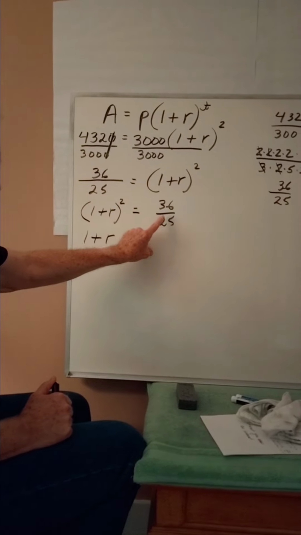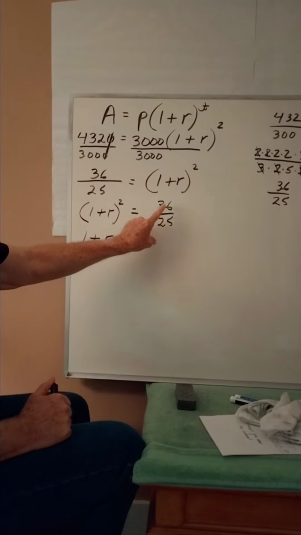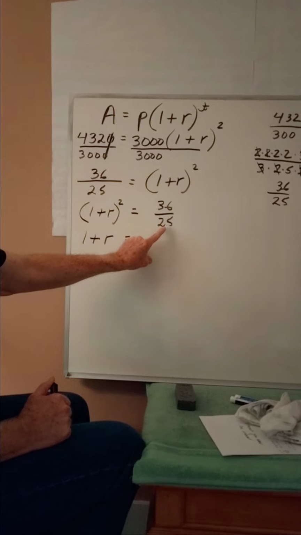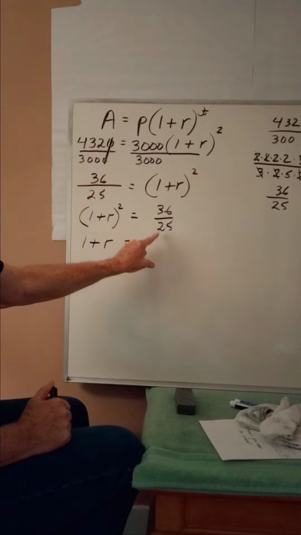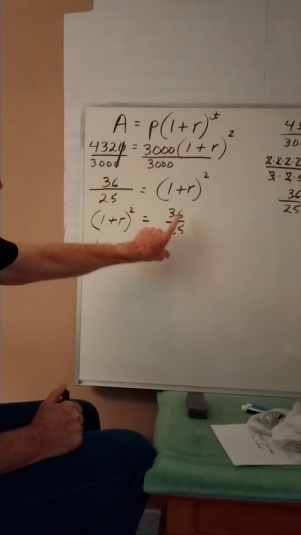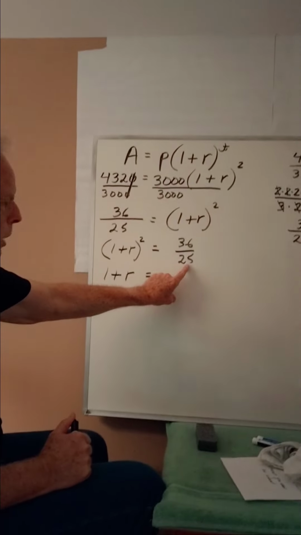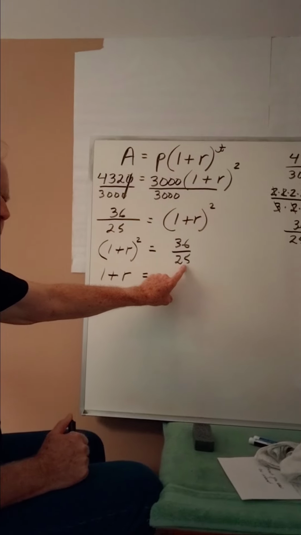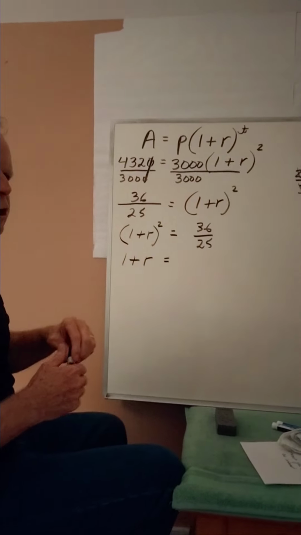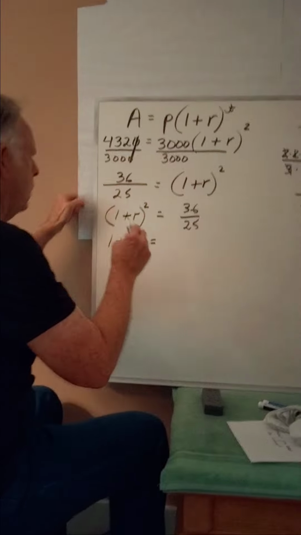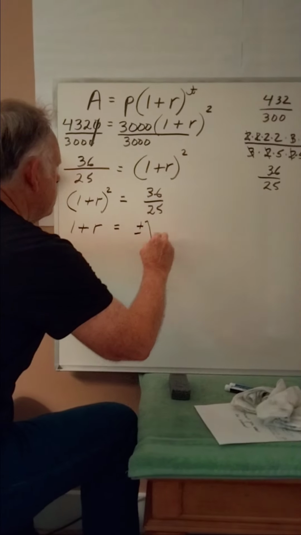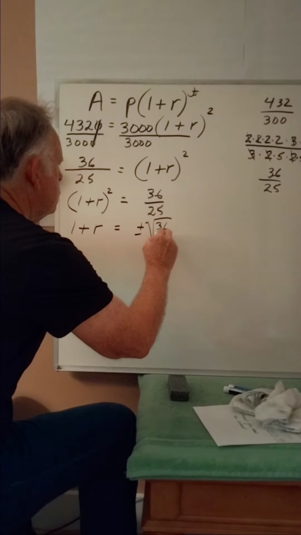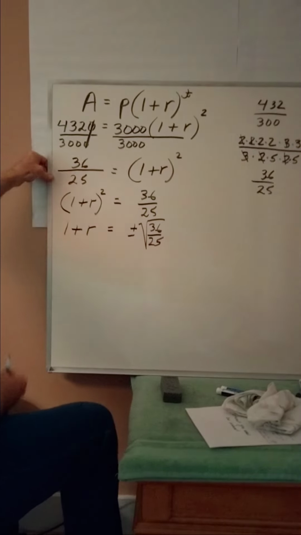So when we come over to this right-hand side, it is not necessary, nor do we really want to identify the negative square root of 36 over 25. We can if you want to, but it's going to be meaningless. I'll go ahead and show it as plus or minus the radical of 36 over 25.